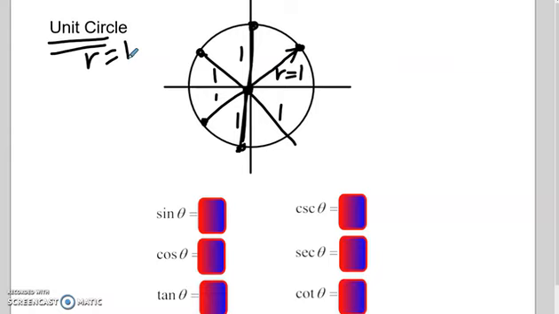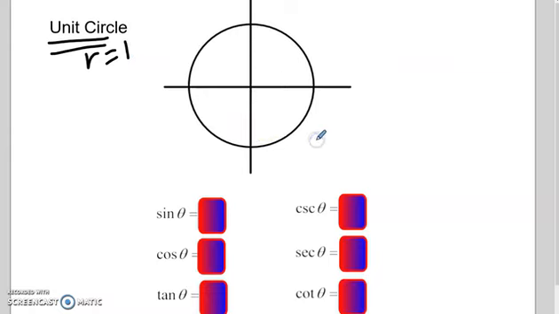R equals 1. So let me erase some of this here. So now what we can do to find trig ratios using this circle is to say, okay, here's my point, and assume this is my initial side, and then that point represents my terminal side.